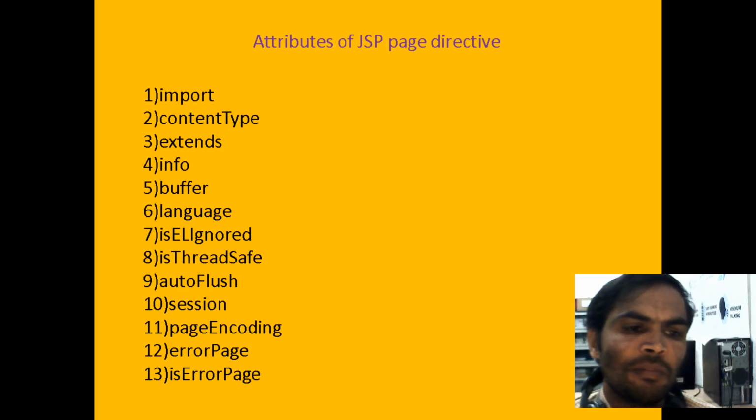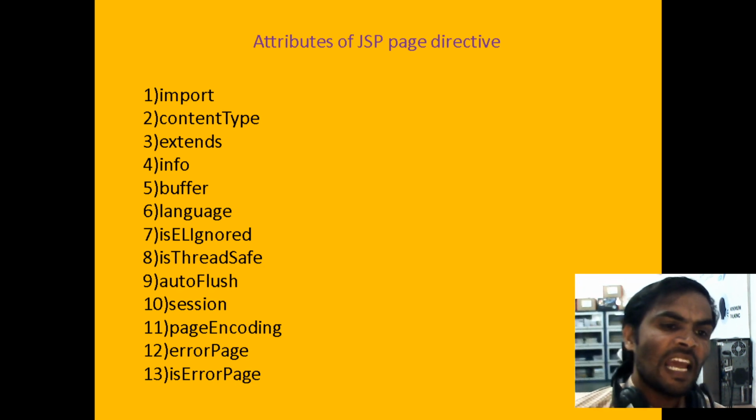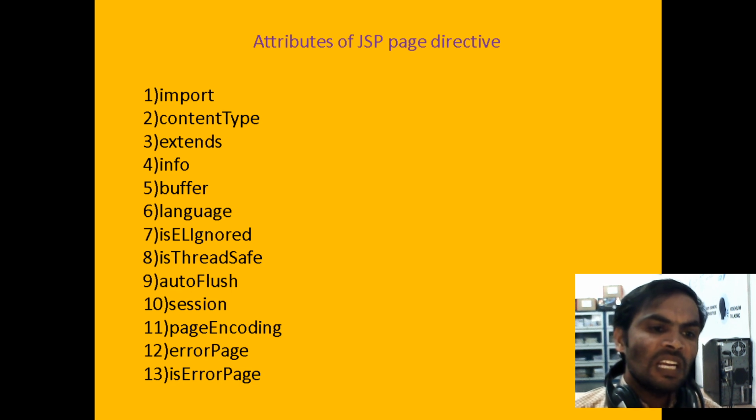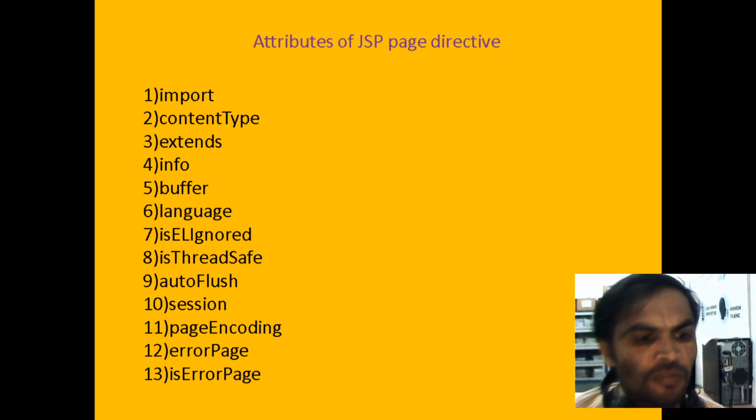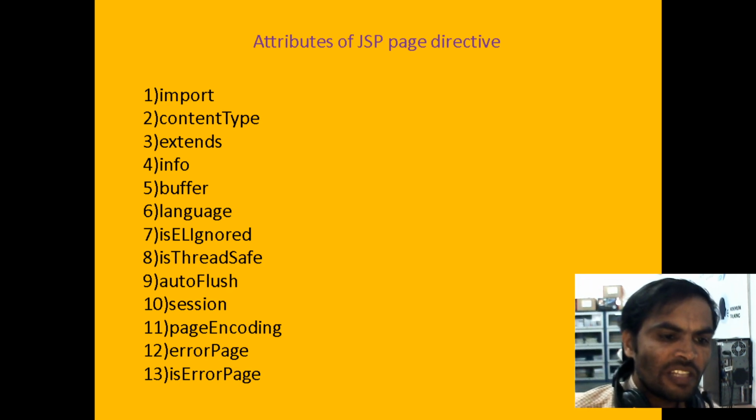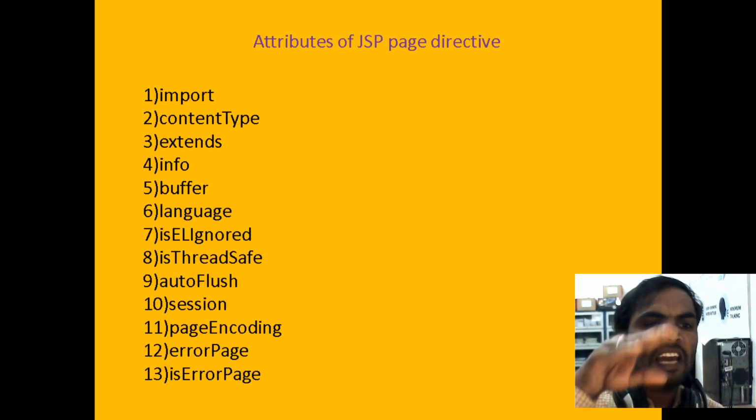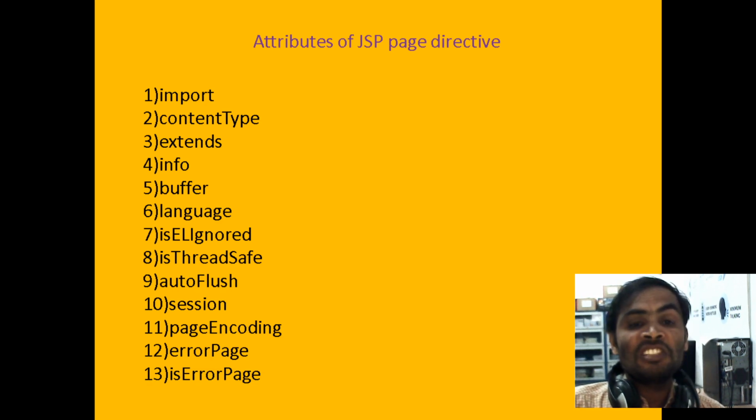The language attribute says which language we are using. Then isELIgnored, isThreadSafe, autoFlush, session, pageEncoding, errorPage, isErrorPage. These are the attributes available under the page directive.